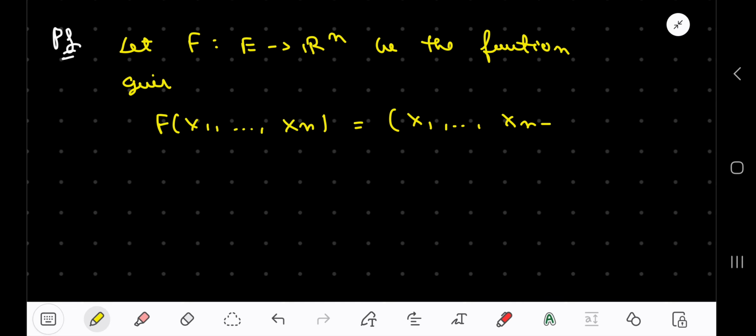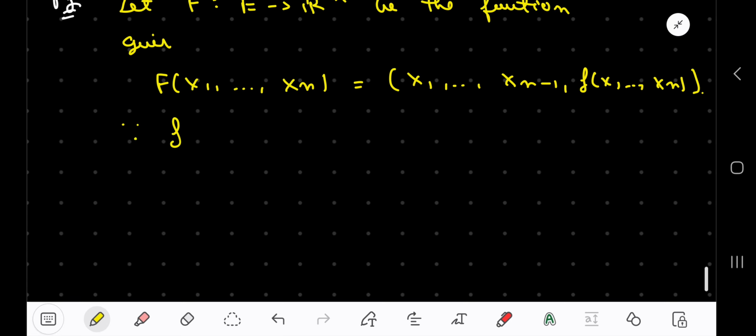It keeps the first n minus 1 elements as they are, and the nth element it takes in like this. If you recall, then f was a real valued function on E, and f was continuously differentiable.